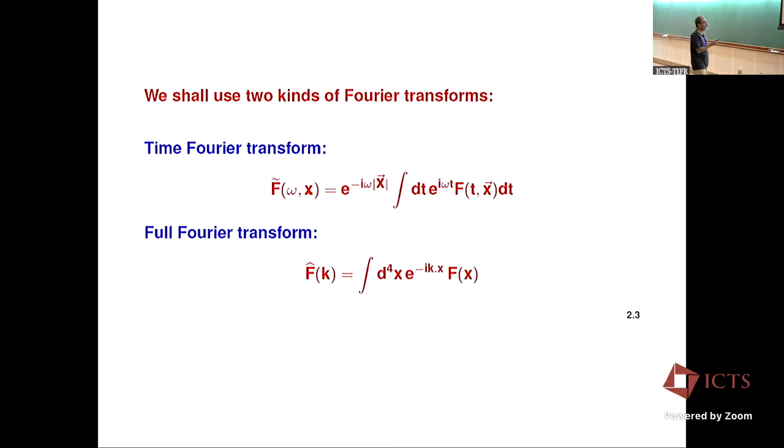And the second kind of Fourier transform will be the full Fourier transform, which I'll denote by hat, and that's given here. We will see that both of these will be used during the analysis.